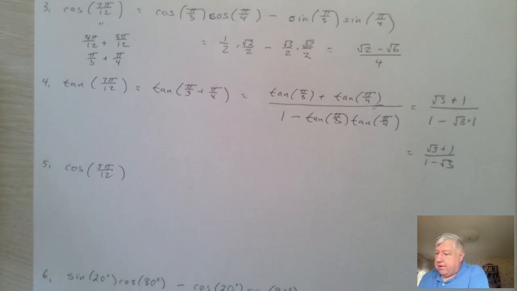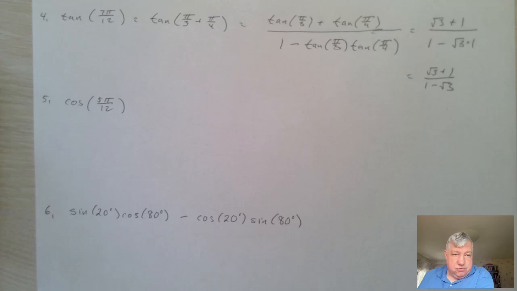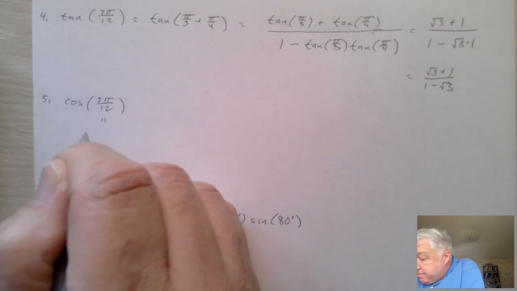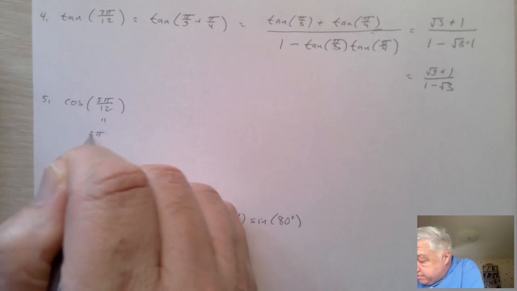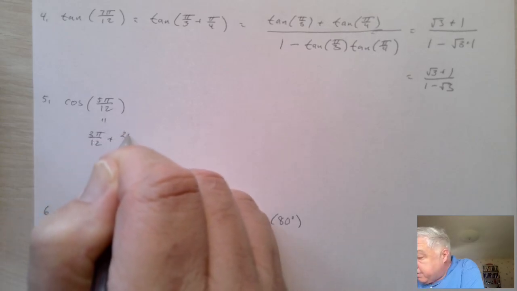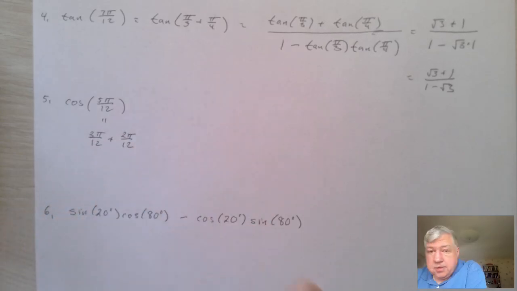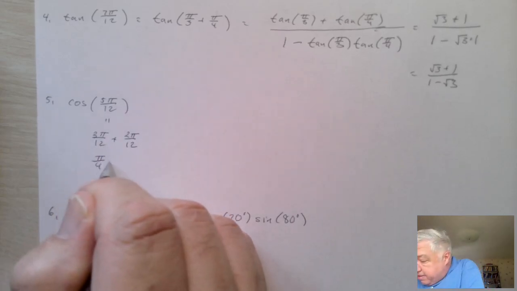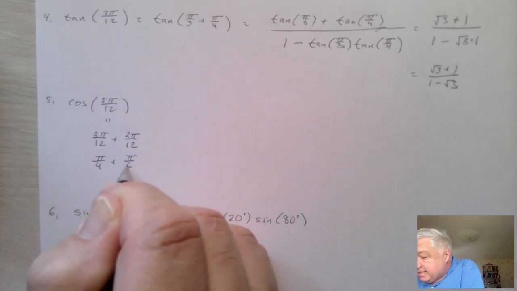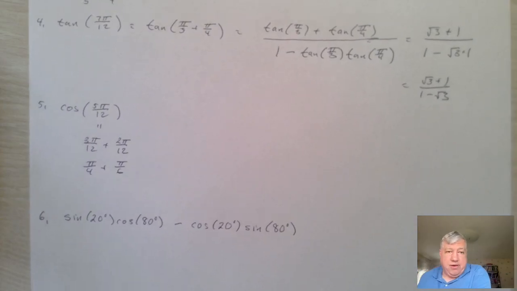Let's look at the cosine of 5 pi over 12. The key here is how do we write that as a sum. We can write this as 3 pi over 12 plus 2 pi over 12. This reduces to pi over 4, and this reduces to pi over 6. We know the values of those.